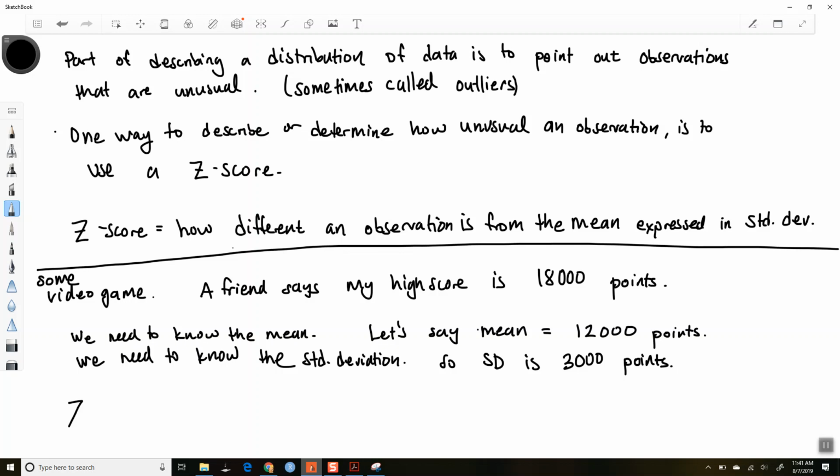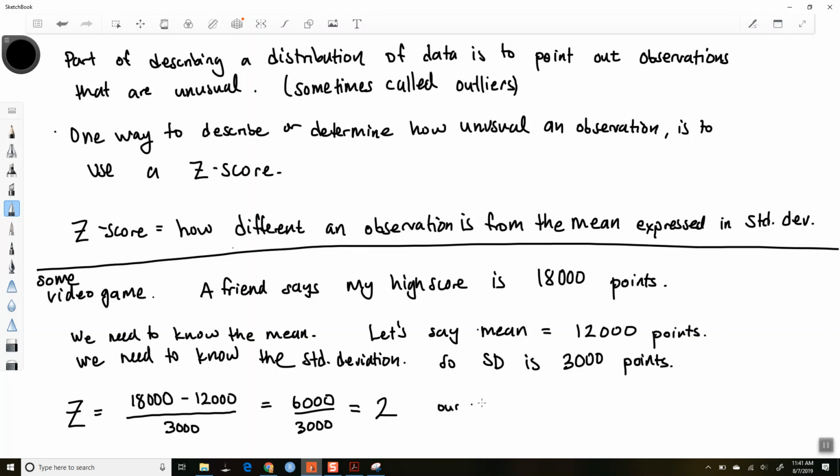Our friend is how many points above the mean? 6,000 points above the mean, right? And how many standard deviations is that? 2 standard deviations, okay? So the z-score is 2.